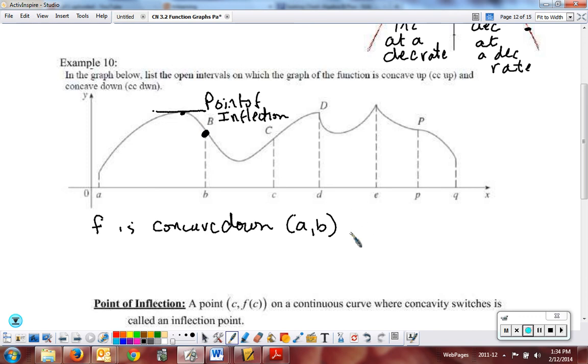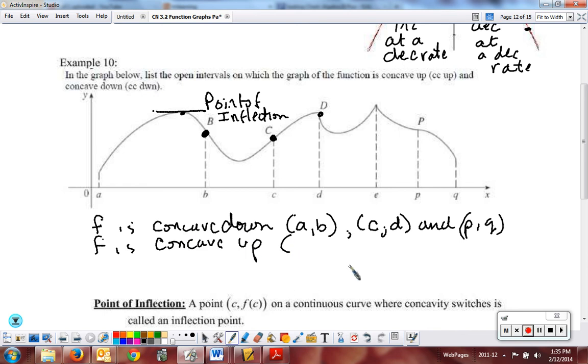Where do I start being concave down again? C to D. Okay. Where's another one? Any more? P to Q. Okay. F is concave up. Where am I concave up? B to C.